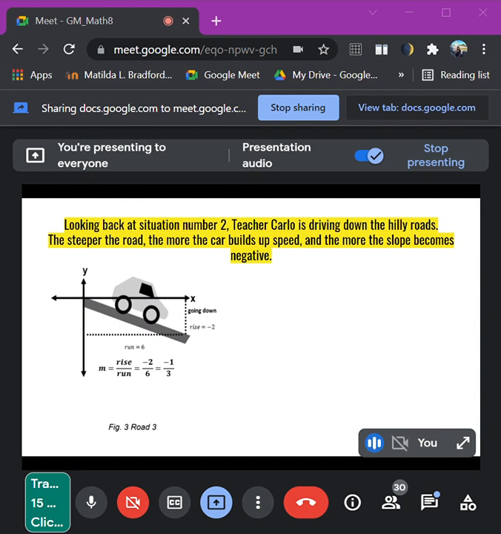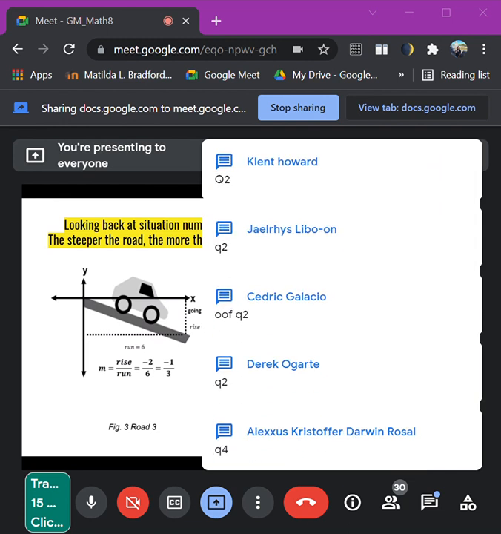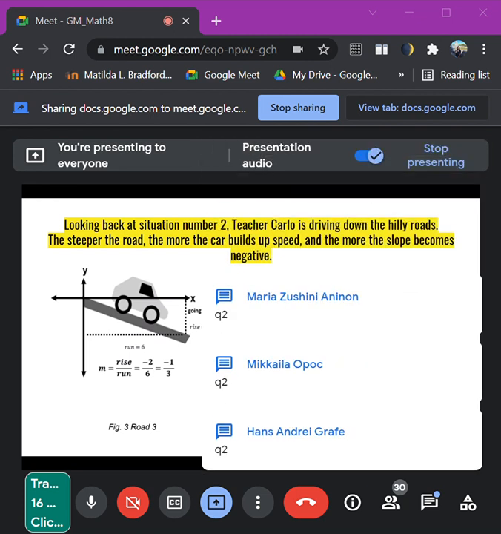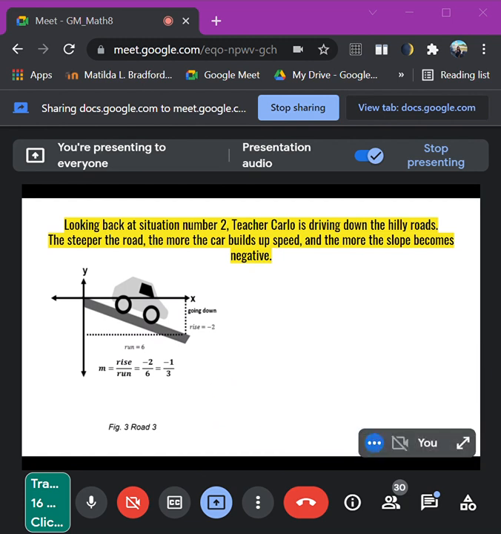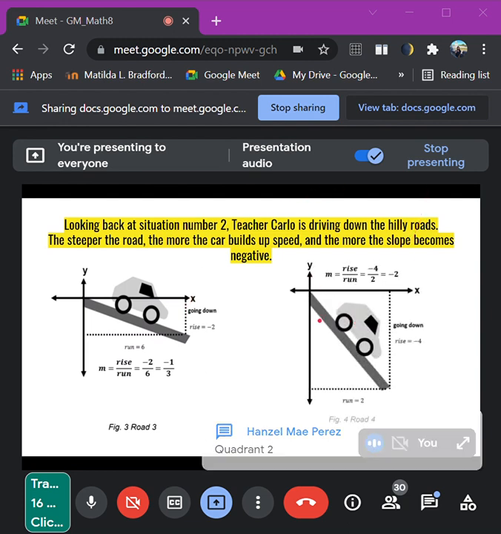Who else remembers? If the x is positive and the y is negative, so, it is in quadrant 2. Very good.